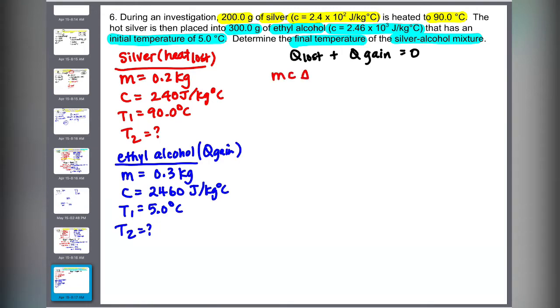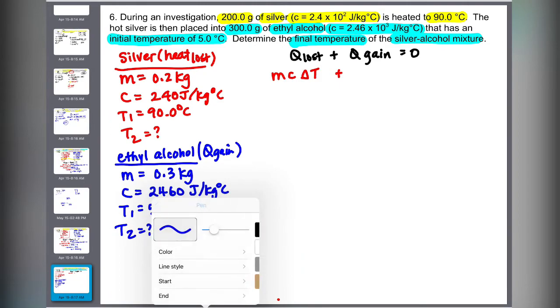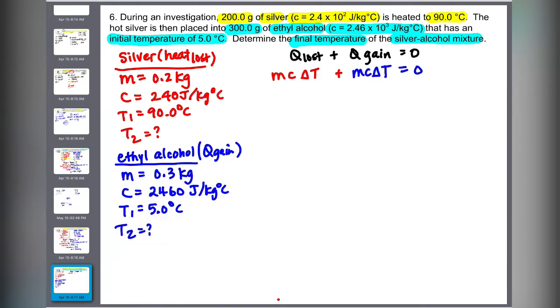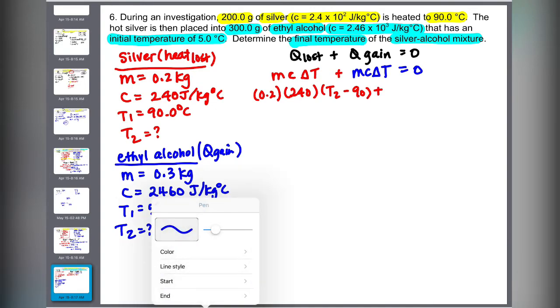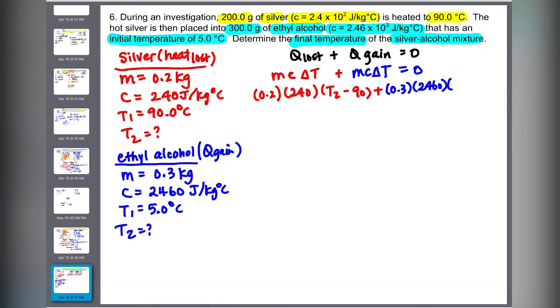Since I know Q is mc delta T, each Q is now replaced by mc delta T. I'm going to plug in my values. So m, c, 240, T2, I don't know what it is, T1 is 90. Adding m, c, T2 minus 5 equals 0.